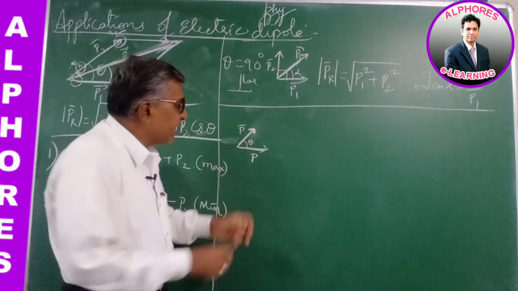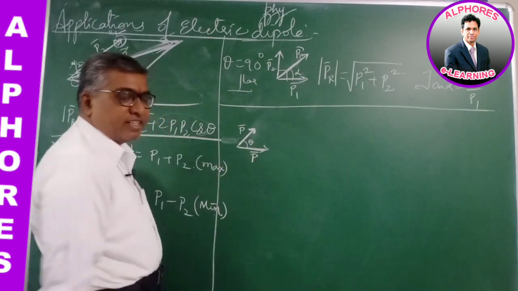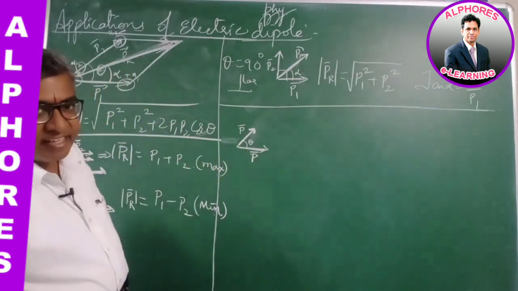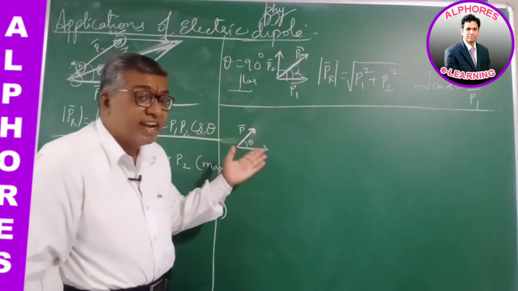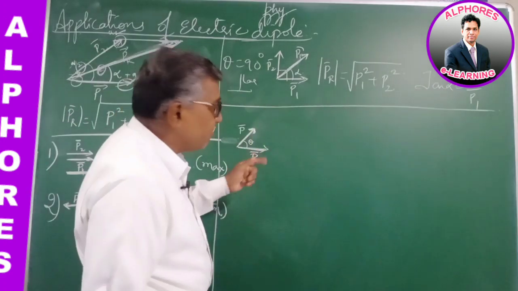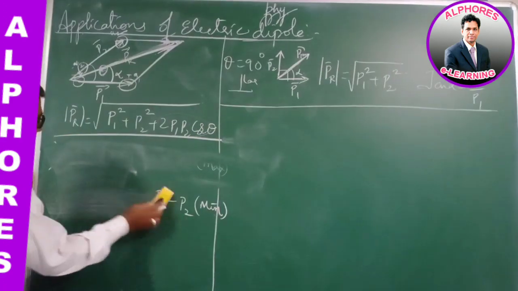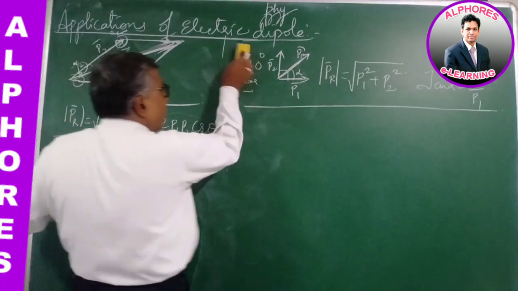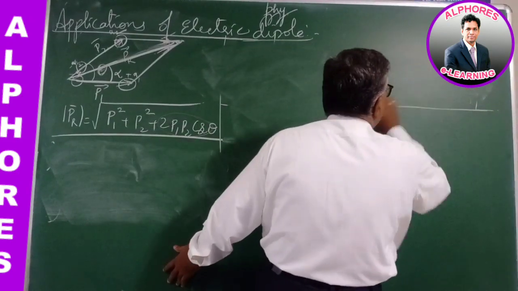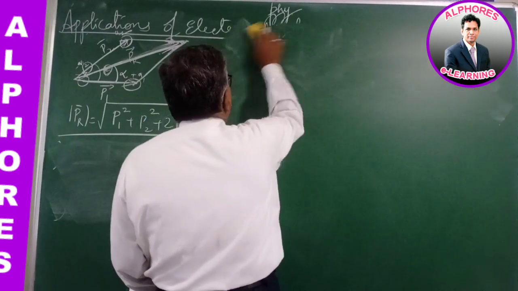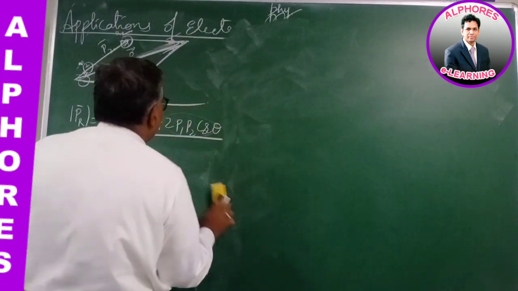Two identical dipoles of the same dipole moment, inclined at an angle theta, then the net dipole moment is... So we will evaluate the formula for this. If they are identical dipole moments, what would be the net dipole moment when they are inclined at an angle theta?